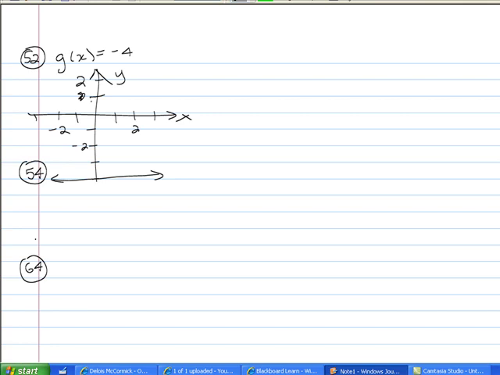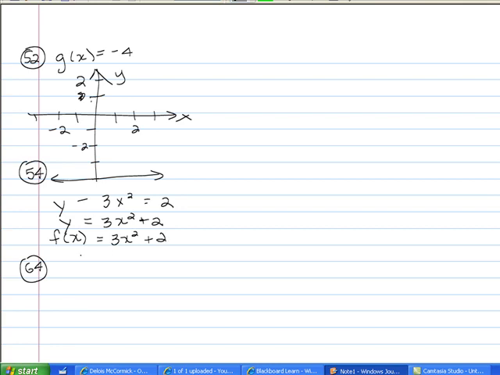So we want to add 3x squared to both sides to get the y by itself. Alright, so that would be f of x equals 3x squared plus 2. So f of 3 would be 3 times 3 squared, which is 9, so 27 plus 2 is 29.